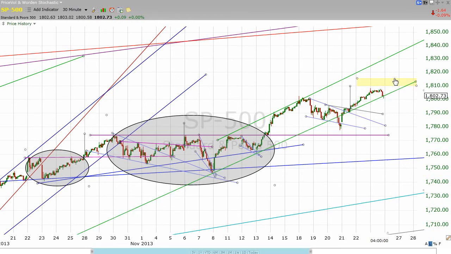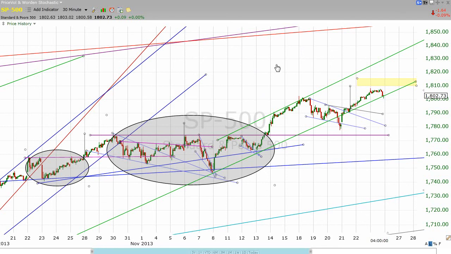And if we get up there, then we'll see if it looks like we maybe have enough strength left to get on up to where I'm kind of thinking we could get in the mid 1800s. So let's see if 1800 holds going into the rest of this week, starting with trading on the 26th. Again, a little break of this line, but I don't know how critical that really is at this juncture.